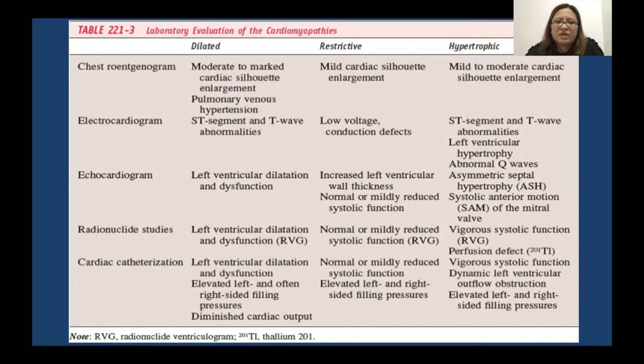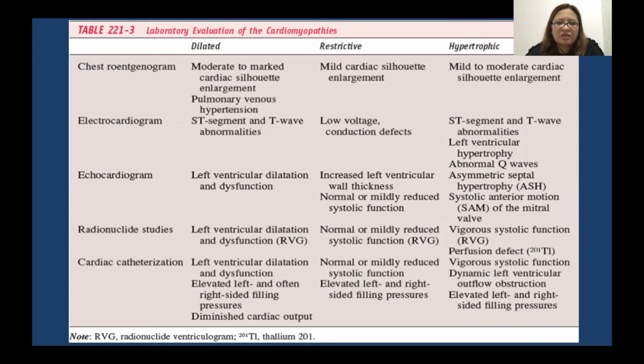For radionuclide studies, you will appreciate left ventricular dilatation and dysfunction on radionuclide ventriculogram, while for restrictive, normal or mildly reduced systolic function, while on HCM, there is vigorous systolic function.